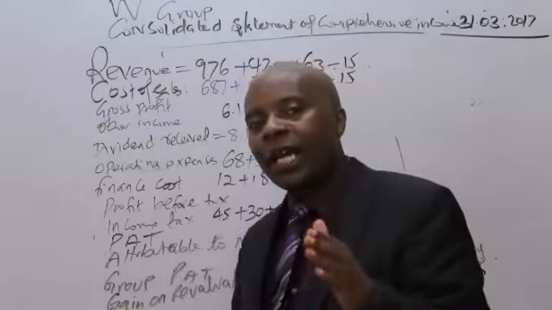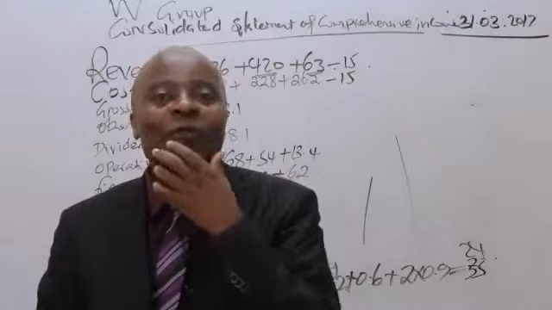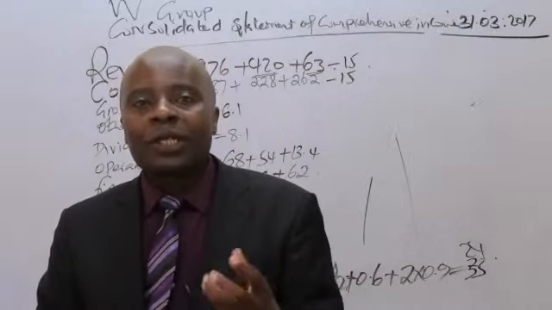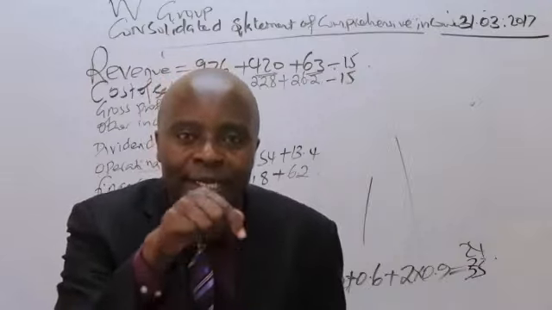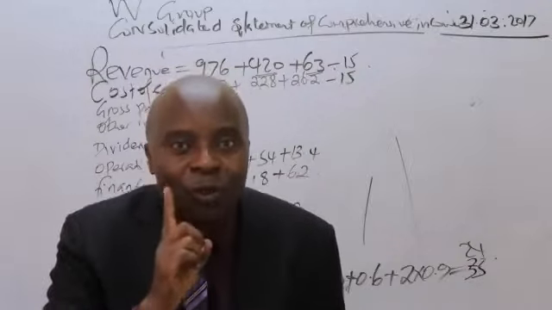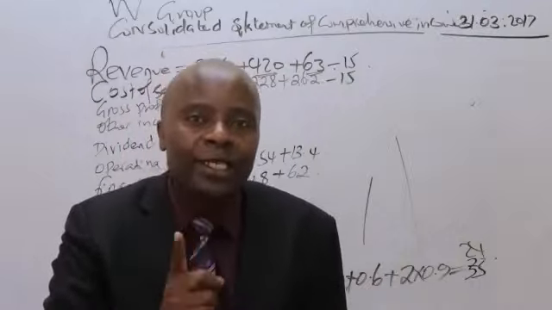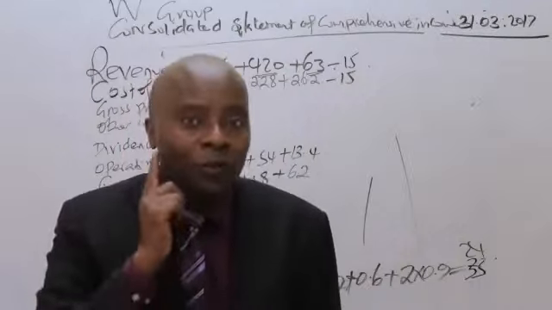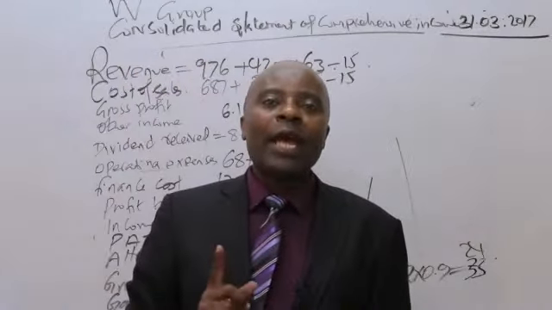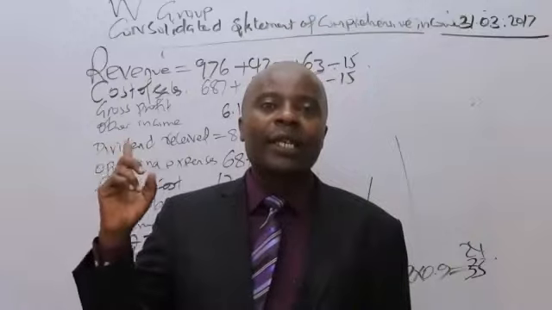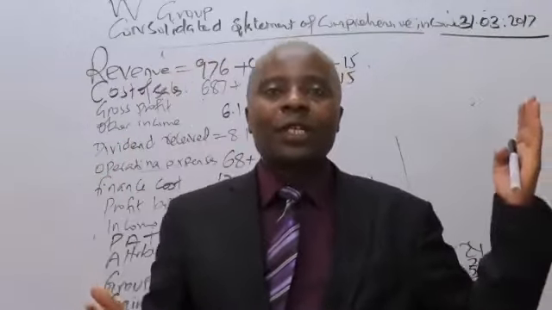The very first thing you should look for when looking at the group income statement is this: if there is any intra-sales, intra meaning internal, always go to the group sales and subtract, and the group cost of sales and subtract. Someone will wonder why we subtract this twice. It is because of the relationship between purchases and sales.